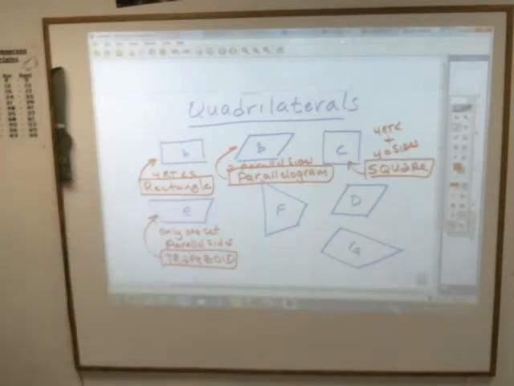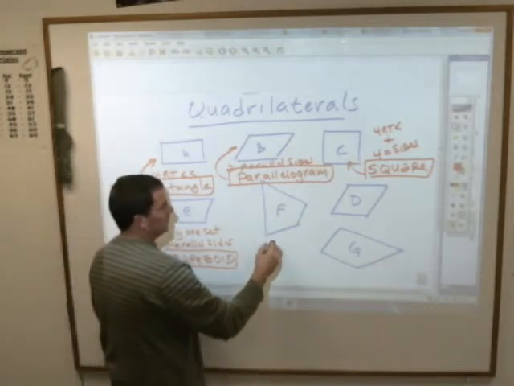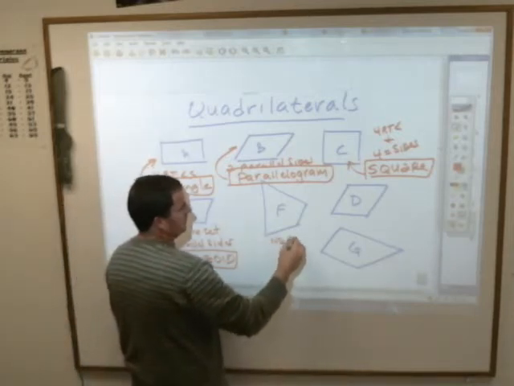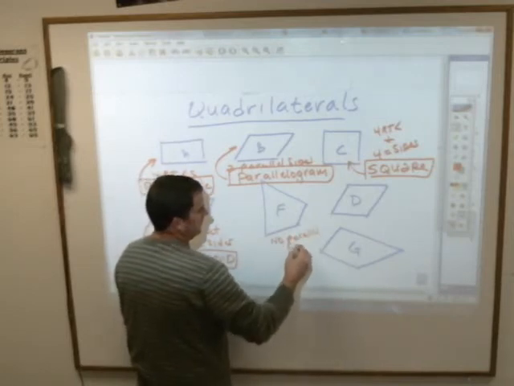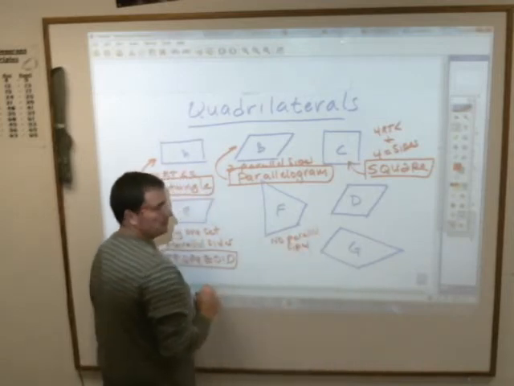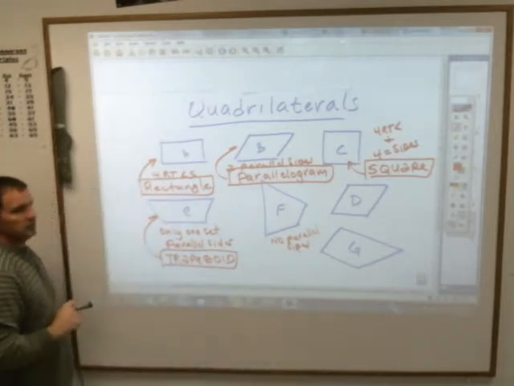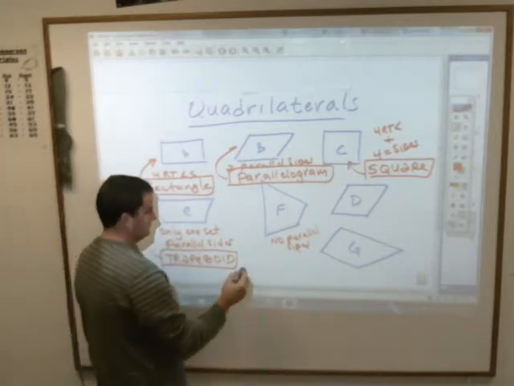Letter F has absolutely no parallel sides, no equal sides. Well, no parallel sides, I guess, would work. Remember, these are all four-sided shapes. I wouldn't expect you to know this one too well. It's in the book, so Colin's going to tell me it's a trapezium.